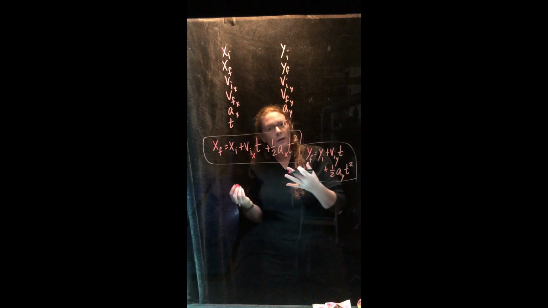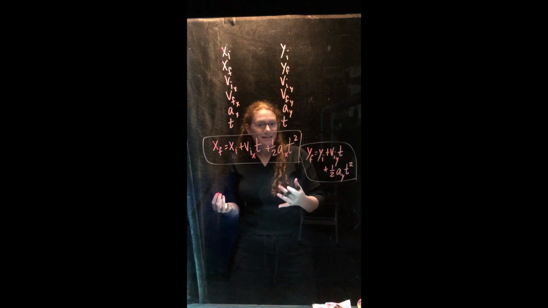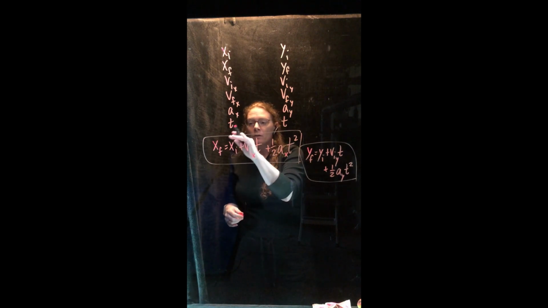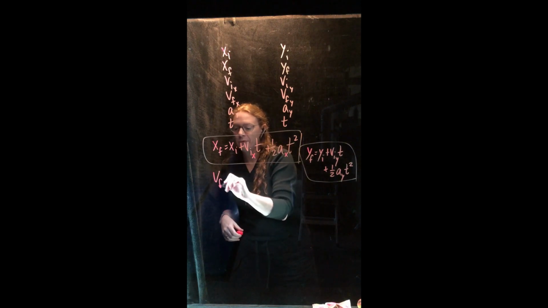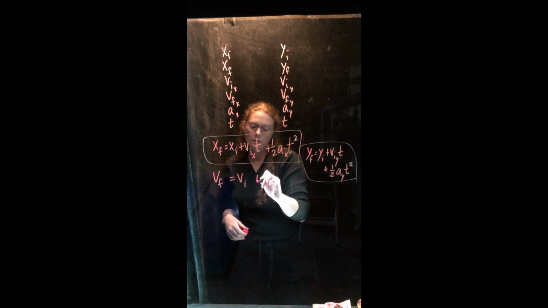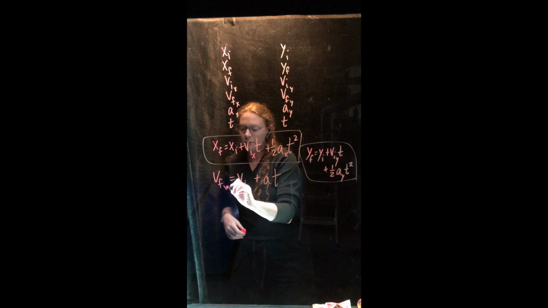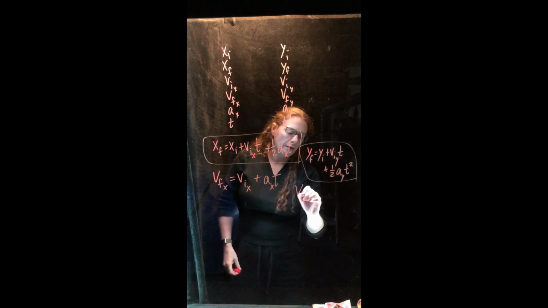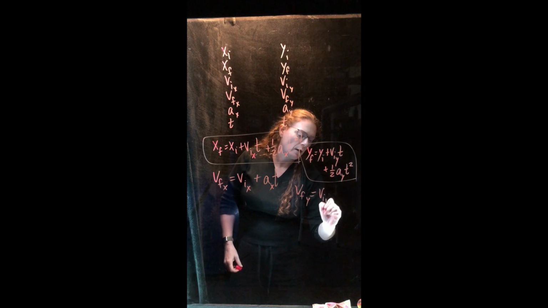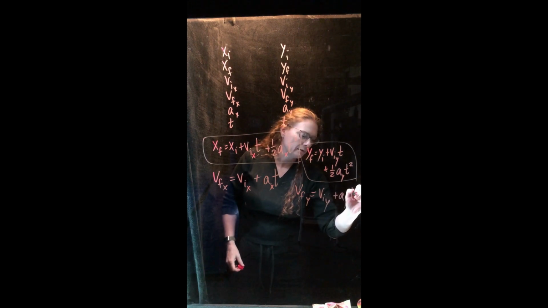So instead of 3 equations now, we actually have 6 available to us. 3 in the x direction, 3 in the y direction. So v final equals v initial plus at. So v final x equals v initial x plus a x t, v final y equals v initial y plus a y t.